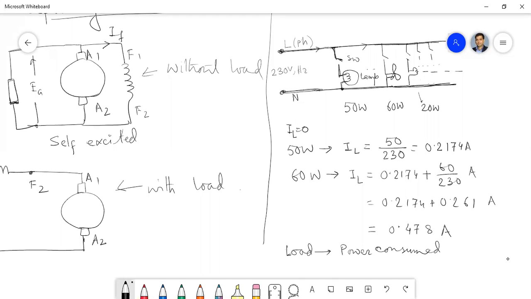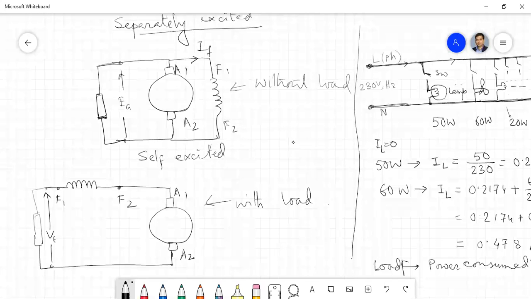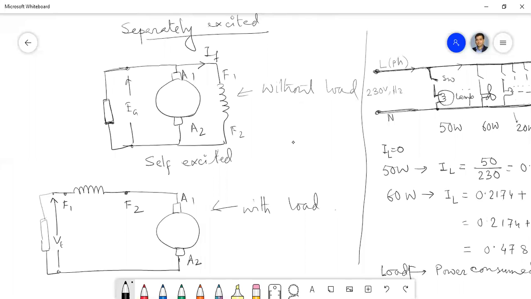As the voltage for most of our applications is constant, for us the load is nothing but current. So from now on we'll use the current as load. If the load is increased, power consumed will increase, actually the current will increase. So load is nothing but the current, not the impedance. Here we are connecting some load, meaning we are connecting some current. Forget about the impedance it has.